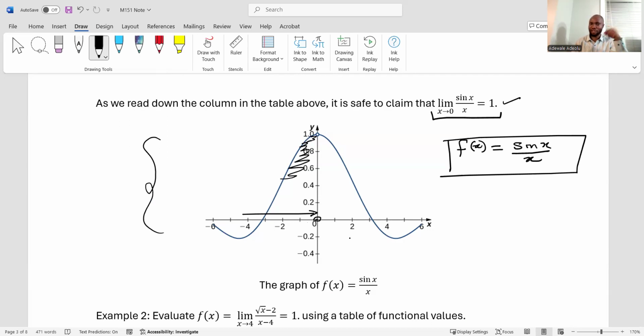It doesn't get there, but it is approaching it. The same thing on this side. Okay. So that is that about that example.